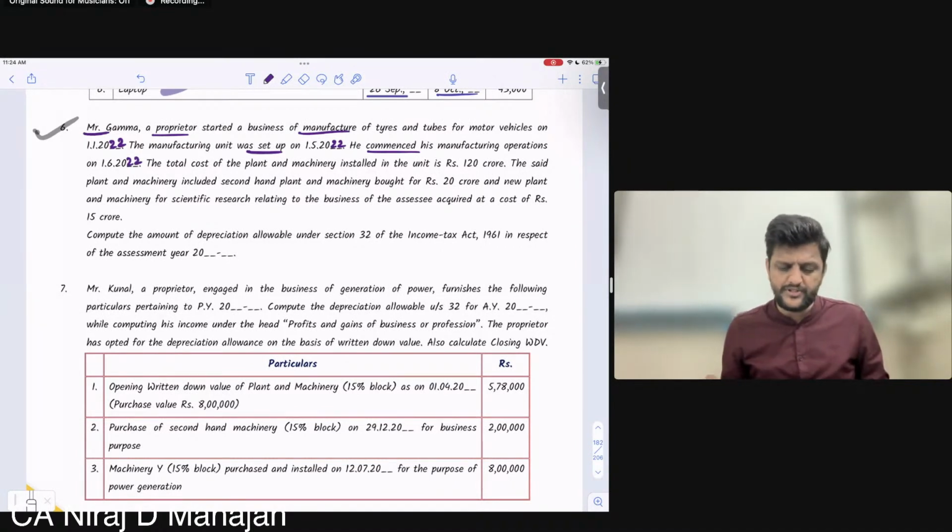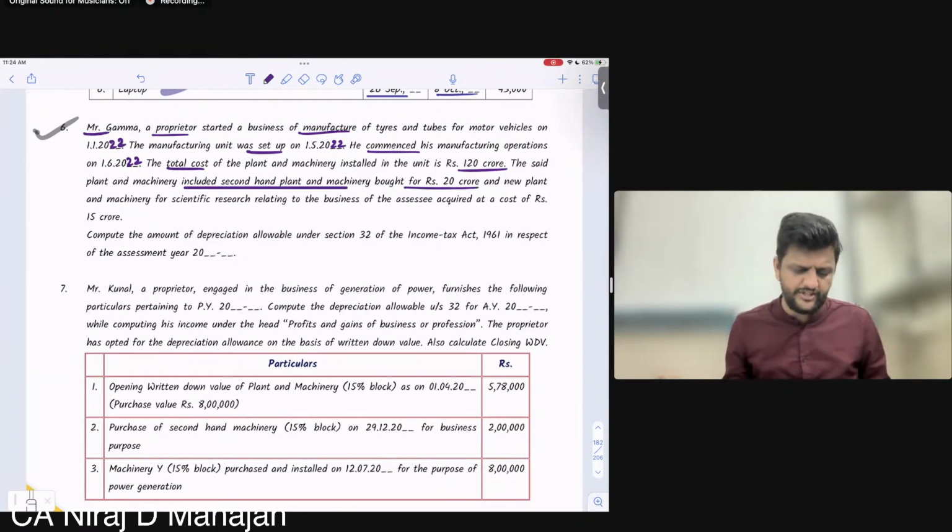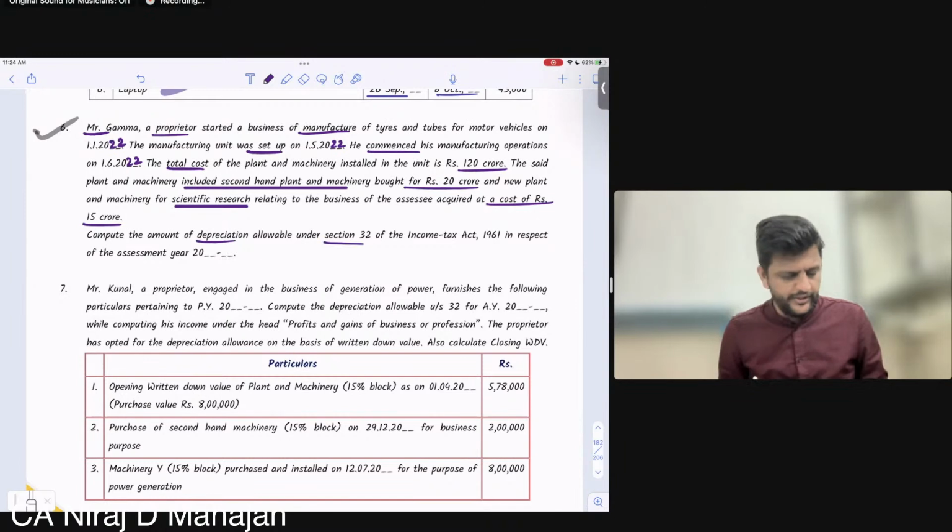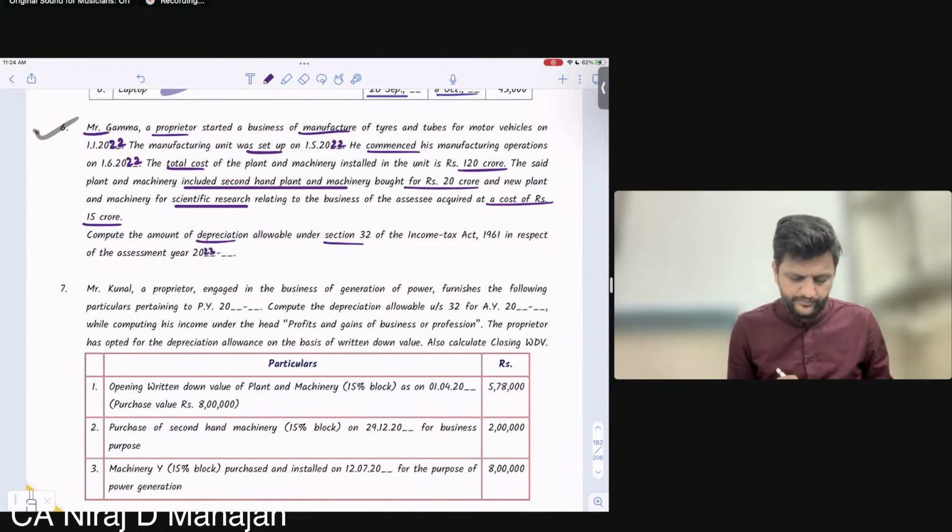The total cost of the plant and machinery installed in the unit is 120 crore. The said P&M included second-hand plant and machinery bought for 20 crores and a new plant and machinery for scientific research related to the business of the assessee acquired at the cost of 15 crores. Compute the amount of depreciation allowable under section 32 in respect of AY 23-24.